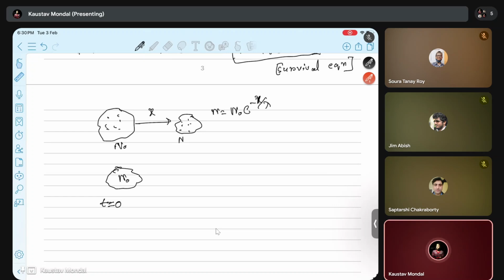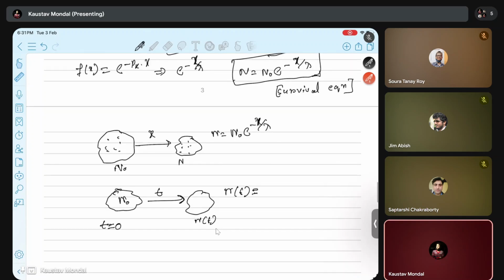After a certain time elapsed, let's suppose t is the time after which you want to calculate how many gas molecules survive. In that case, nt would be, in a similar way, n0 into e to the power minus t by tau.